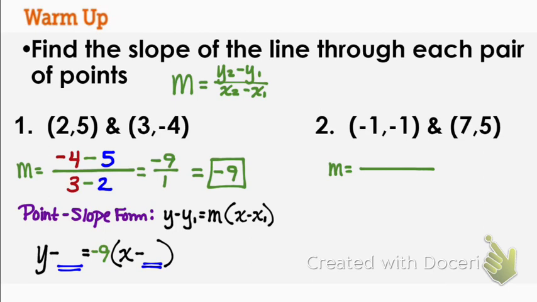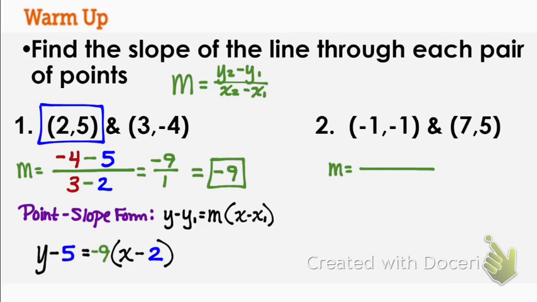Where would I get the information that goes there? You pick one of the 2 points. Which point do you guys want to use? First one, 2, 5, okay? So if we use 2, 5, what do I put right here? Y minus 5. Y minus the y part of the ordered pair. So what would I put here then? 2. Once we know the slope, if we found it from 2 points, we can then write an equation using just that information.